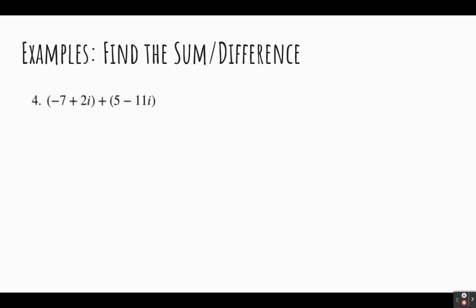So now we're going to find the sum or difference of some complex numbers. We have negative 7 plus 2i that we're going to add with 5 minus 11i. When you're adding these together, you'll do it very similar to adding polynomials where you combine like terms.